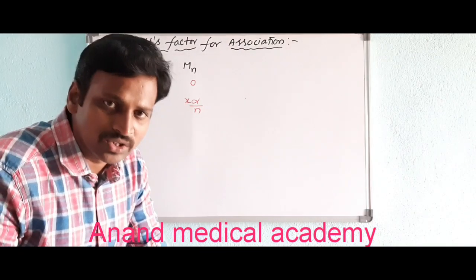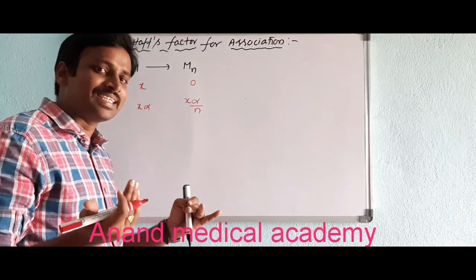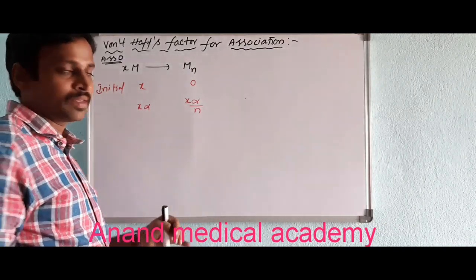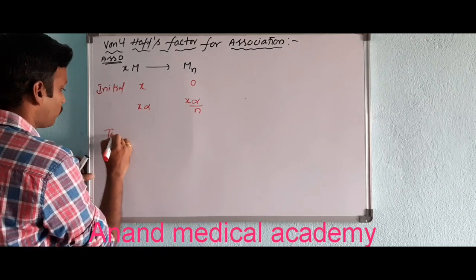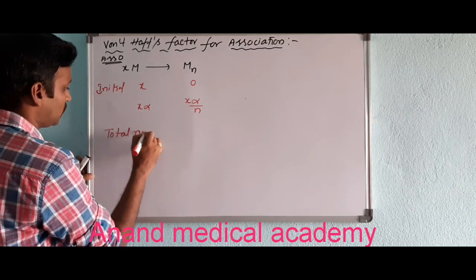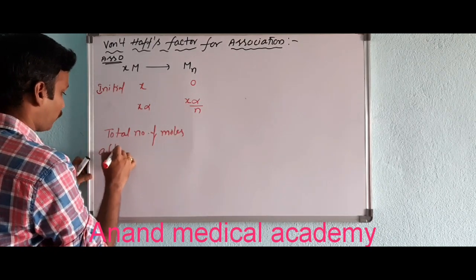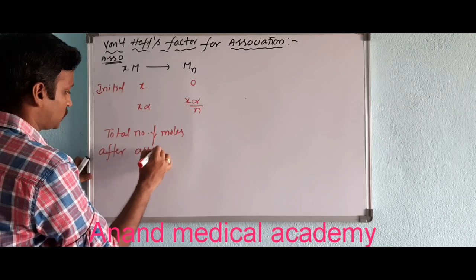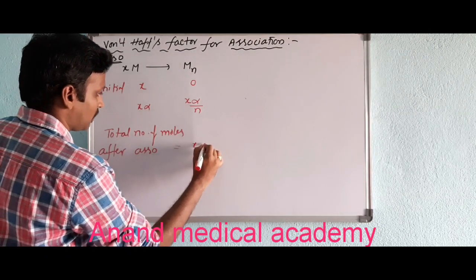Because during association, what's happening? The number of particles, are they increasing or decreasing? Decreasing. So by n we have to take. Got it? So what is the total number of moles after association? Total number of moles after association is equal to X alpha.